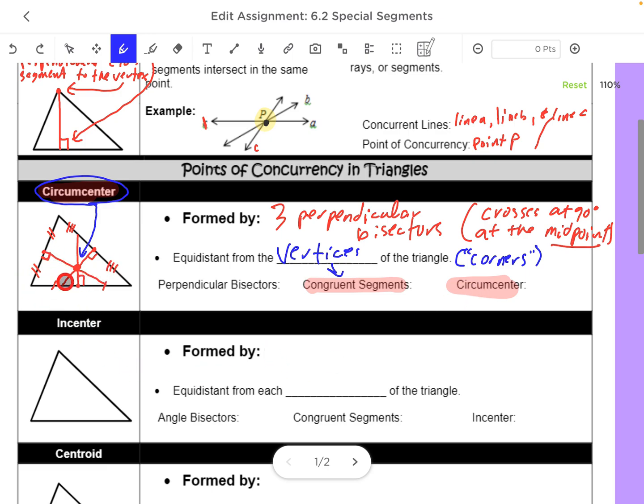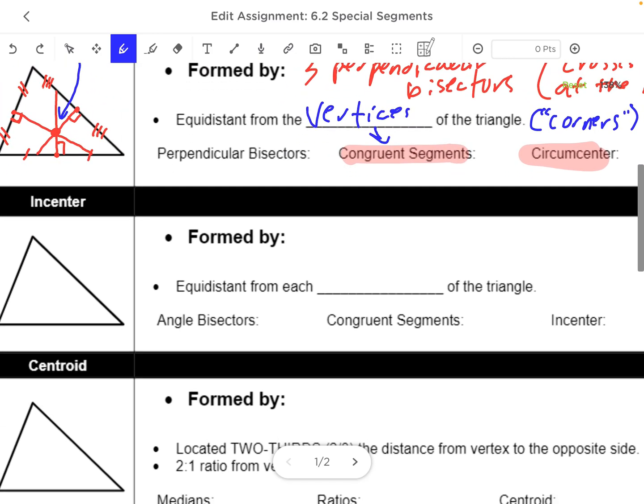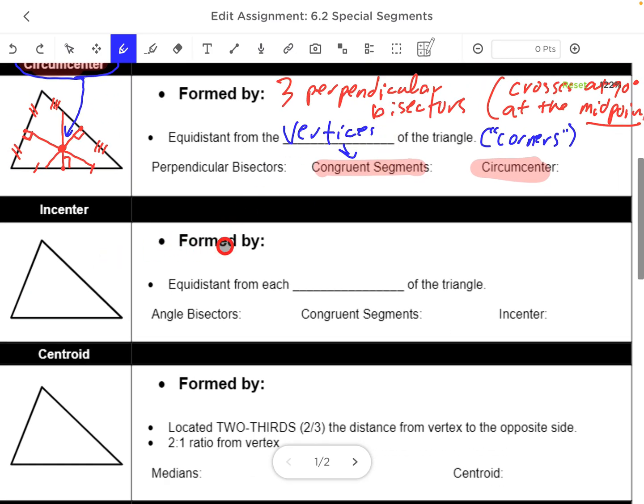Next, incenter. We talked about the circumcenter. That's made by the 3 perpendicular bisectors. The incenter is created by 3 angle bisectors. We talked about what angle bisectors were last time.